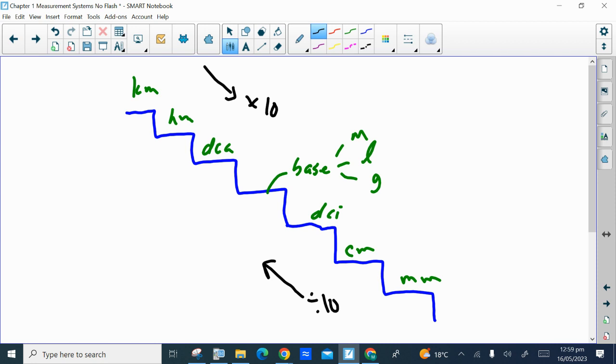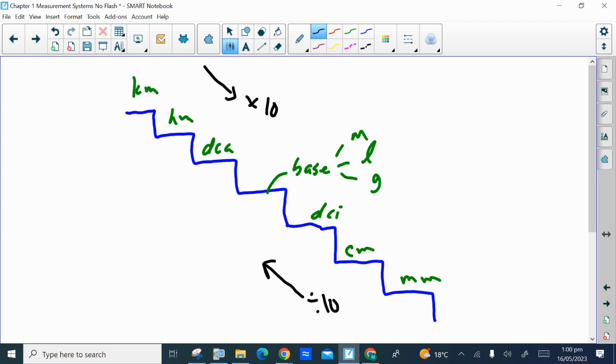So count the number of steps from centimeters up to kilometers. And you won't start counting until you move. So moving from centimeters to decimeters is our first step. That's one step. Then to meters is 2. Deca is 3. Hecto is 4. Kilometer is 5.